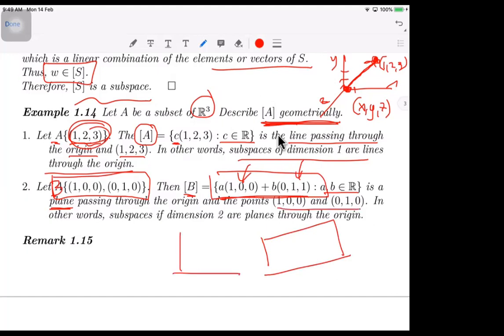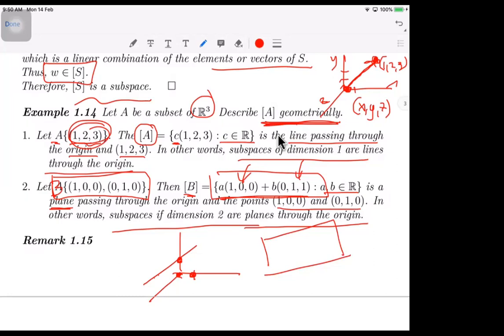So if you have 1, 0, 0 here, then 0, 1, 1 here, and the origin here, you will have a plane, like paper passing through these three points. I cannot draw it, but it is there. Anyway, in other words, subspaces of dimension 2 are planes through the origin.